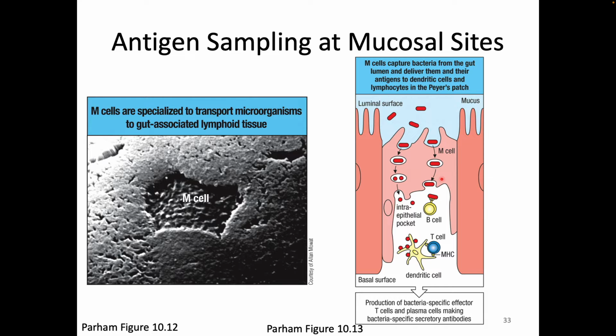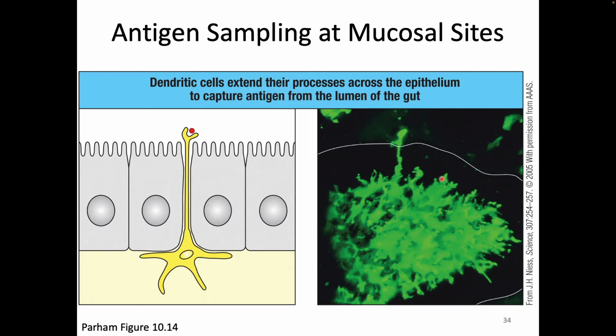We can also see that there are actually dendritic cells that can reach between the cells of the intestinal wall to try to capture antigens outside. You can see this in a cartoon on the left, where you can see this yellow dendritic cell reaching in between the cells of the GI tract in order to phagocytose things that are actually in the GI lumen.